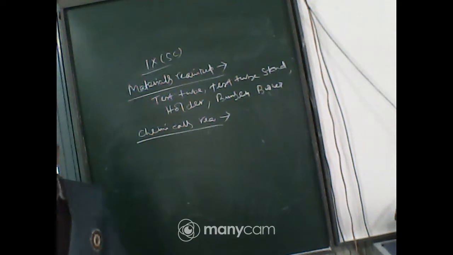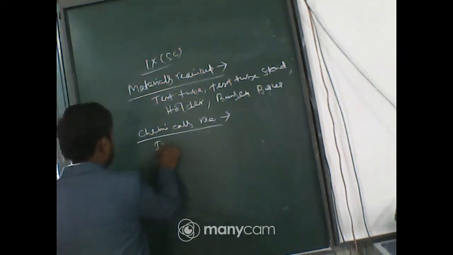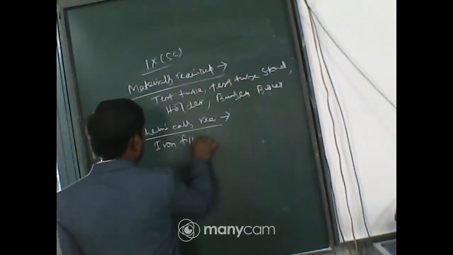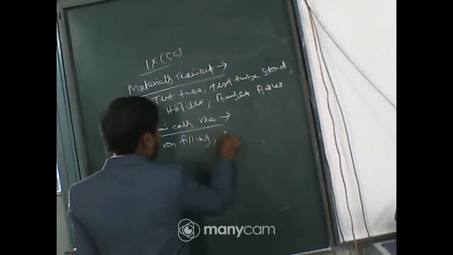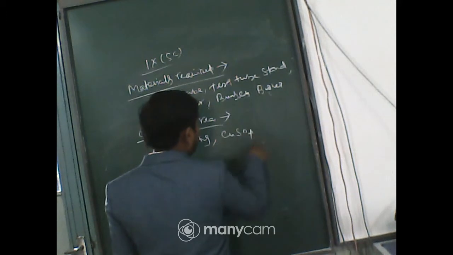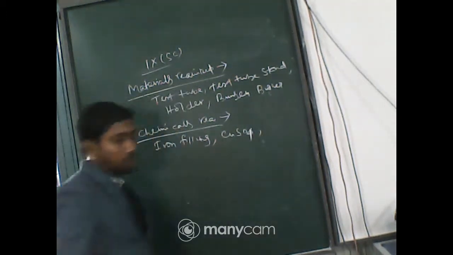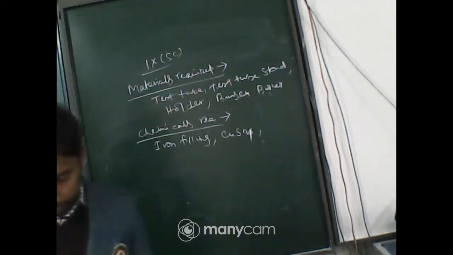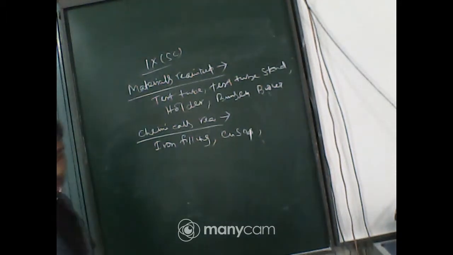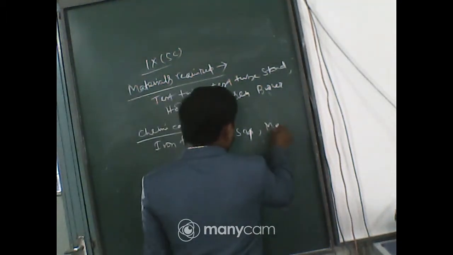Next are the chemicals required. First, for the first reaction, iron filling and copper sulphate. We can write it by formula, copper sulphate solid, magnesium ribbon, Mg ribbon.